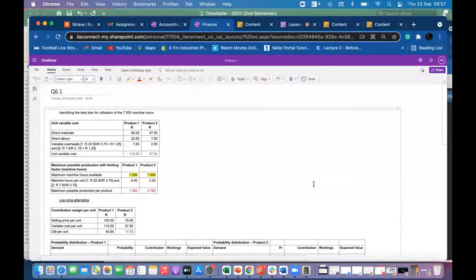Okay, so here under the required, it says identify the best plan for utilization of the 7,500 machine hours, including commentary on the selling price that offers the highest expected annual contribution.